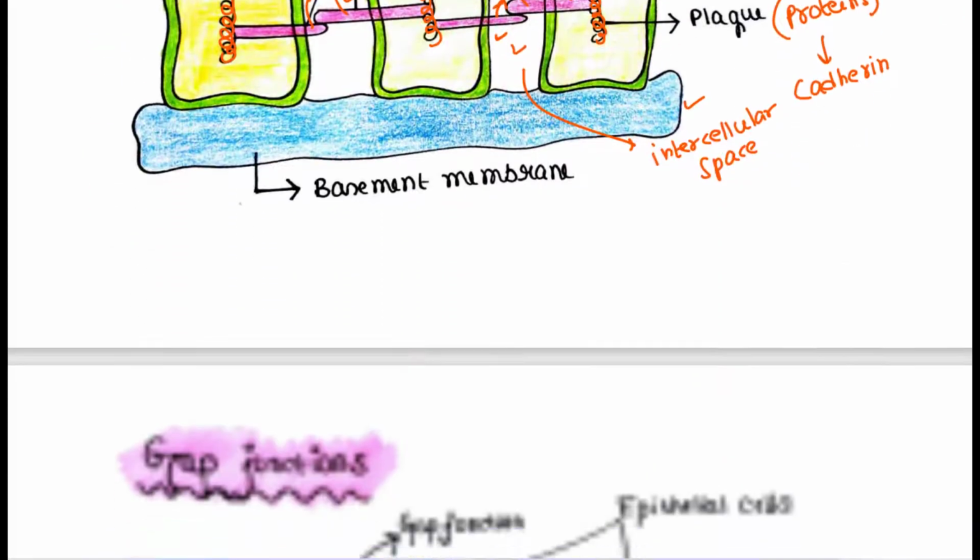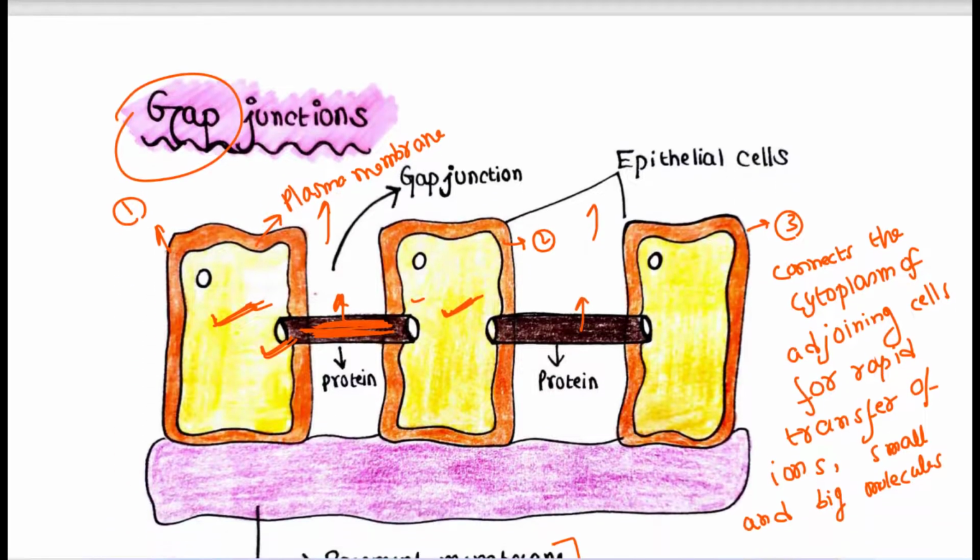But in gap junction, this protein arises from the plasma membrane, forms a channel, and connects with the cytoplasm of the next cell. In this case, the protein is connexin.